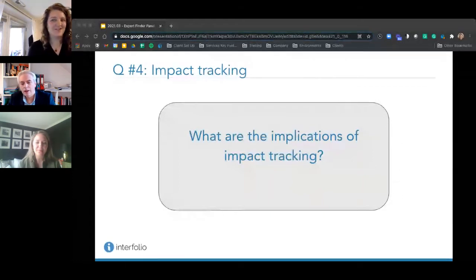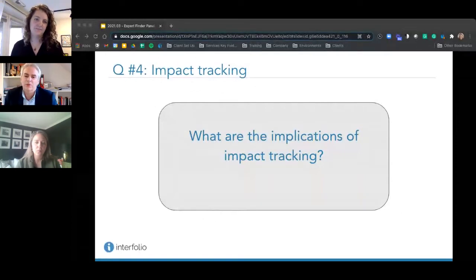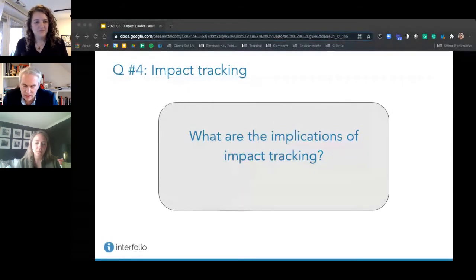Wonderful. Jonathan, what are your thoughts on the kind of implications of impact tracking? So, Lauren, it won't surprise you to hear me say that I think we've got to define what we mean by impact again. And to differentiate between that sort of academic impact, which is really about the operations of the faculty and the institution, and that societal contribution.